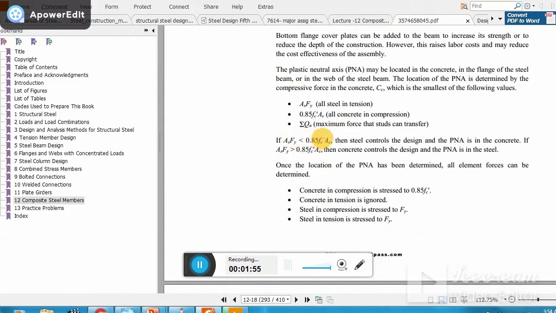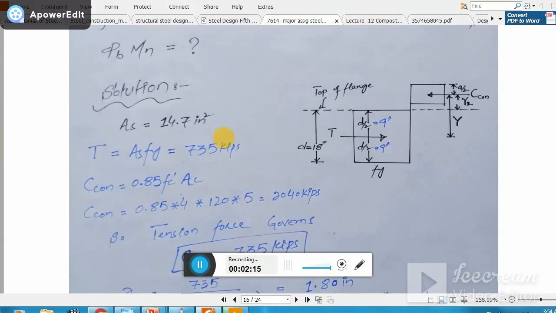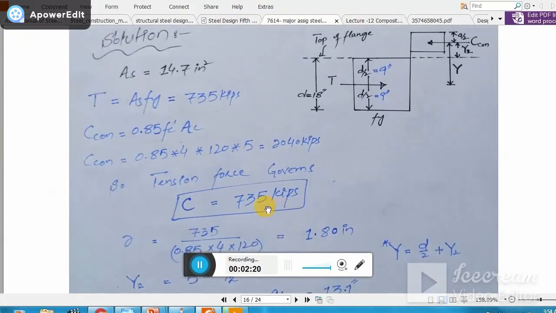If your Fy is less than Cc, that is the strength of the concrete, or you can say force of the concrete, or compression of the concrete, then this decides that your steel controls the design and the PNA lies within the concrete. So this point is very important. And you see here, when we calculate our T and Cc, our T is 735 and Cc is 2040 kips.